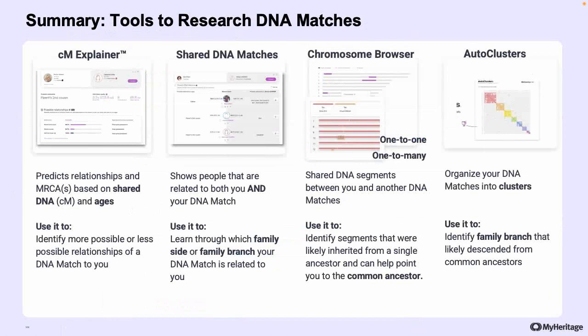So if you manage, for example, a kit of one of your parents or siblings or any other relatives, then you'll be able to change the selected kit and view the triangulated segments there. But you are not able to view triangulated segments between other people, not including yourself. And I think GEDmatch is the only place where you could possibly triangulate people that you're not connected to at all.